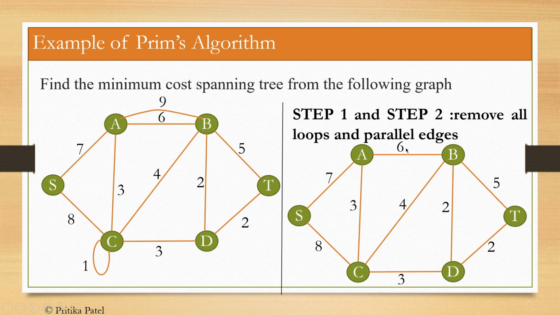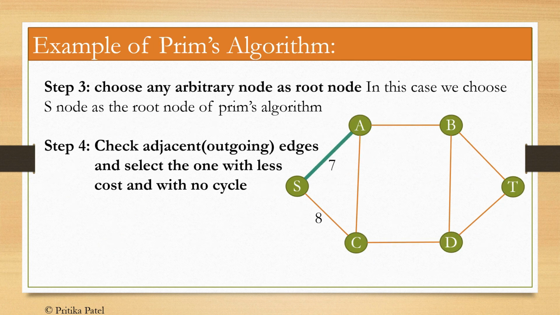So in step number 1 we remove all loops, and in step number 2 we remove parallel edges. Now step number 3, choose any arbitrary node as a root node. In this case, we choose S as the root node. Step number 4, check adjacent or outgoing edges and select the one with less cost and with no cycle.